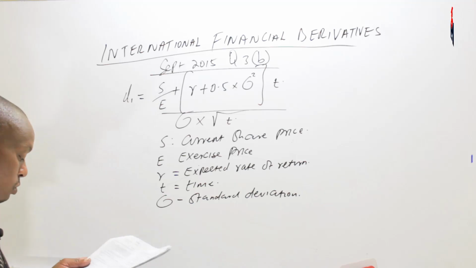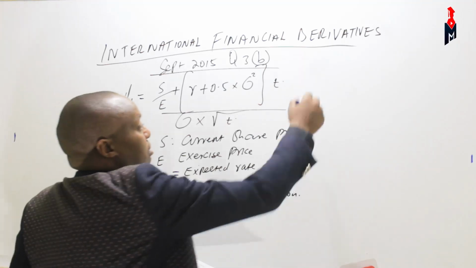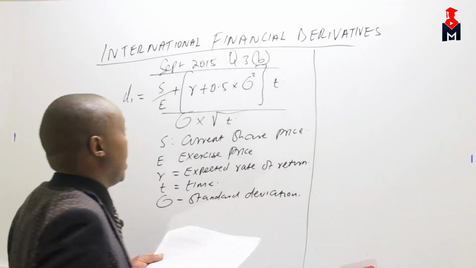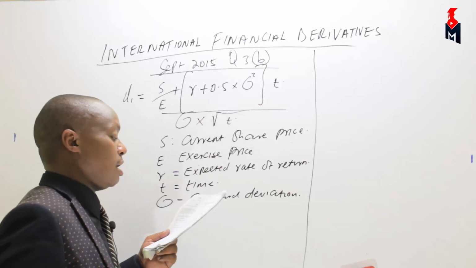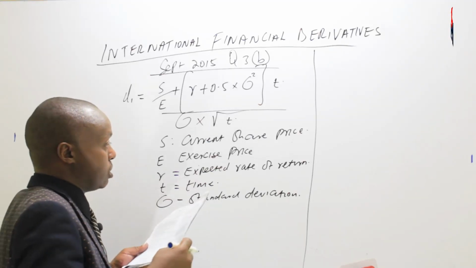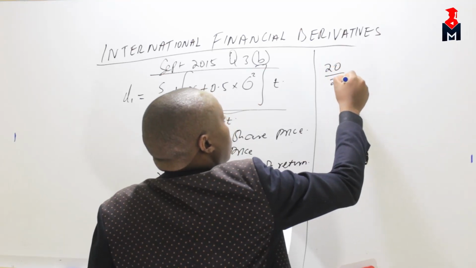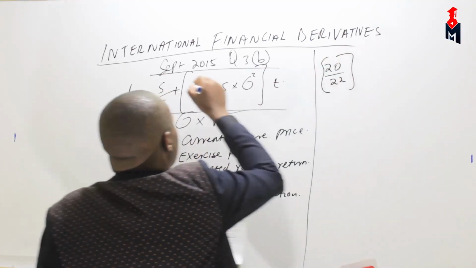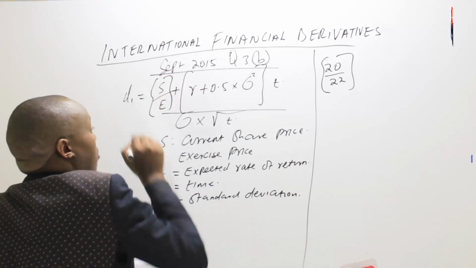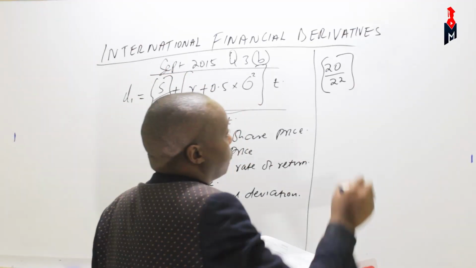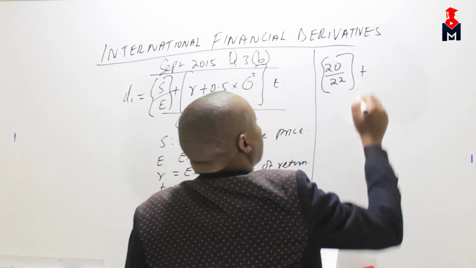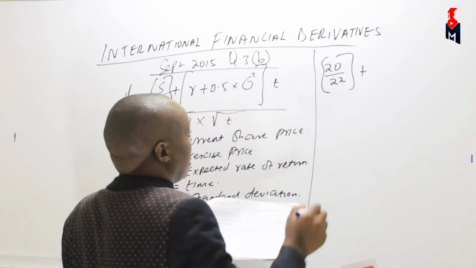Therefore, using this question, we are going to get the value of S. S is the market share price, which is 20 over 22. This one is indicated as in brackets. Remember to do that. It is taken to be a negative, plus the rate of return.